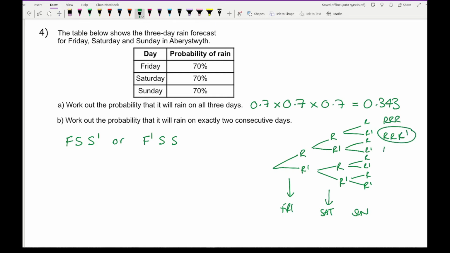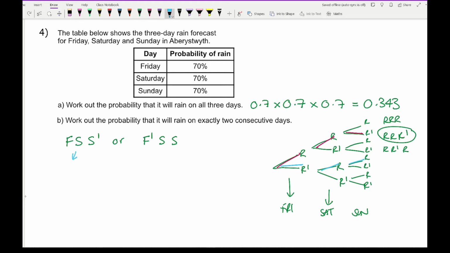The third one is going to be R, not R, and R. That doesn't count. So basically, the 2 possible options I'm going to have are going through this path here, or this path here.